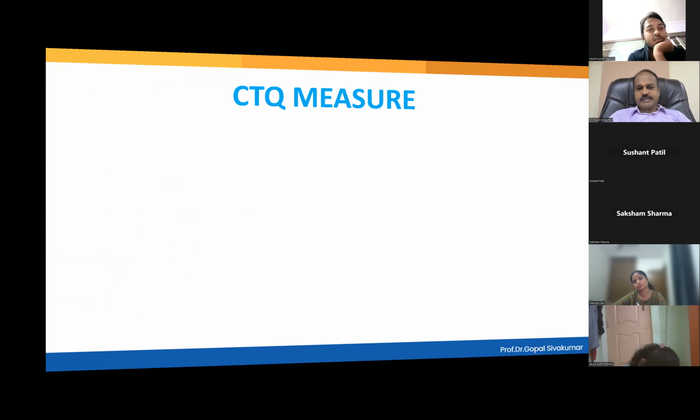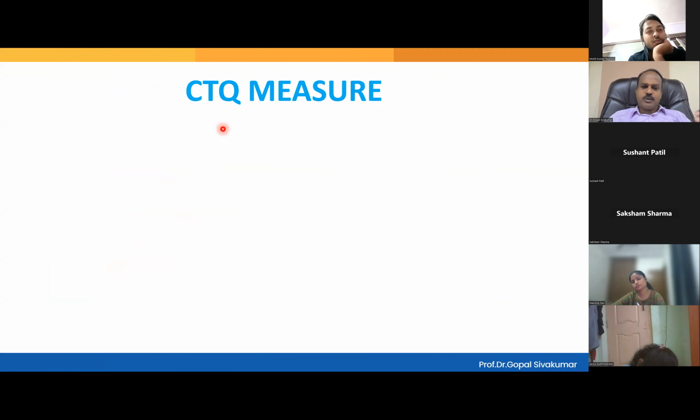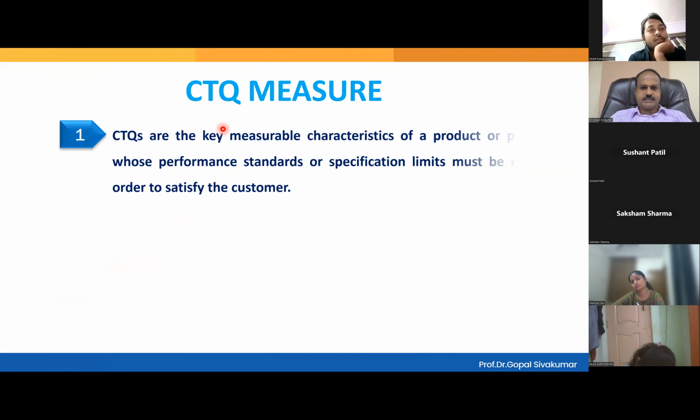Now, CTQ means what? CTQ stands for critical to quality characteristics. These are the key measurable characteristics of a product or a service whose performance standards or the specification limits must be met in order to satisfy the customer.